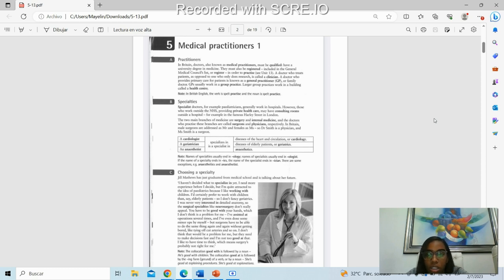A cardiologist is a specialist in the science of the heart and circulation, or cardiology. A geriatrician is a specialist in the science of elderly patients, or geriatrics. An anesthetist is a specialist in anesthesia.